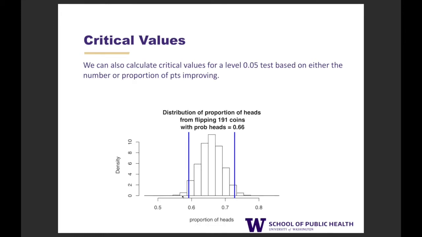Similarly, if we see below something like 0.58 proportion of patients improving, or above something like 0.72 proportion of patients improving, then we would say the response probability on remdesivir is not 0.66. We have enough evidence to reject that null hypothesis at the 0.05 level.